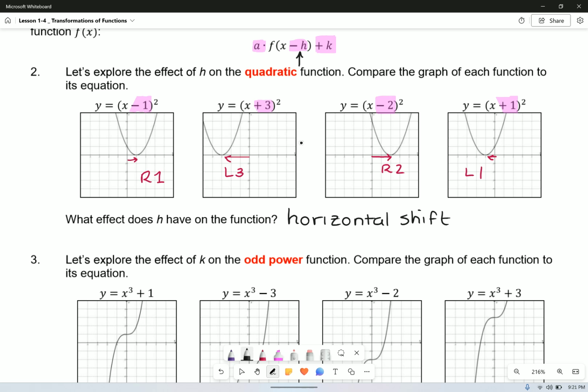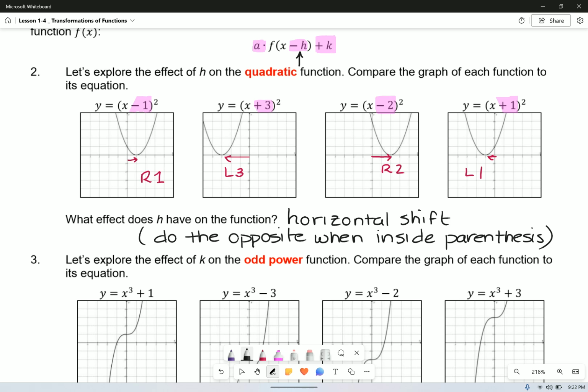But what you need to make sure you do always is do the opposite of the number that's being displayed inside of the parentheses. Okay, so you're going to do the opposite of what you see inside the parentheses.